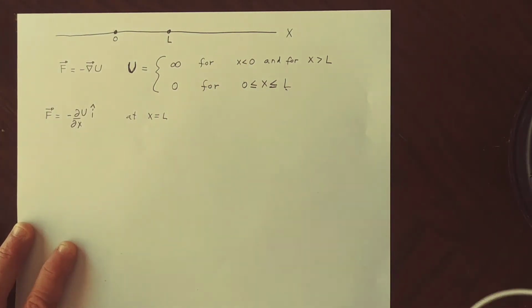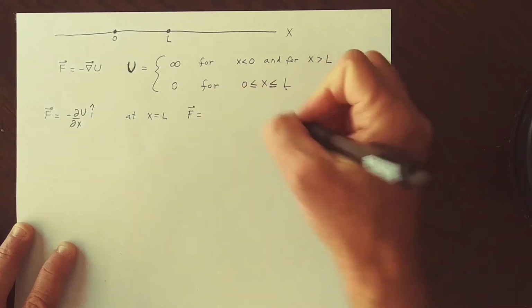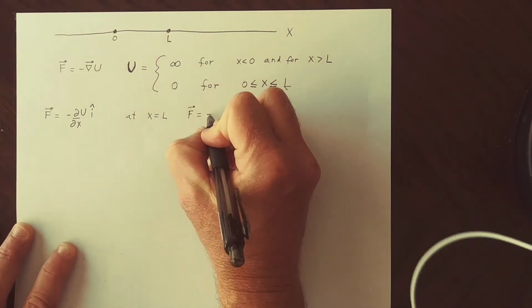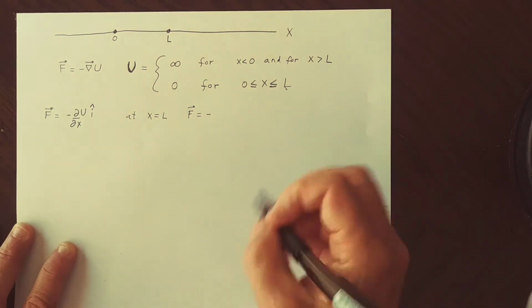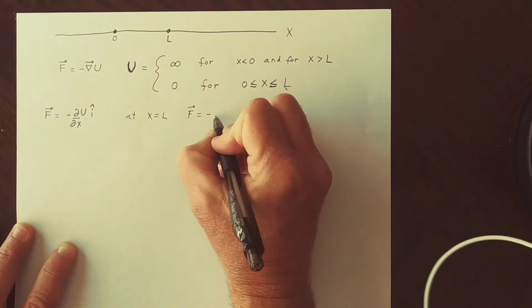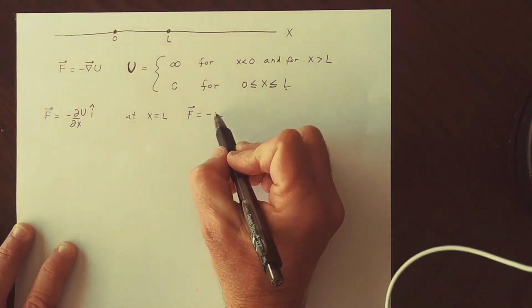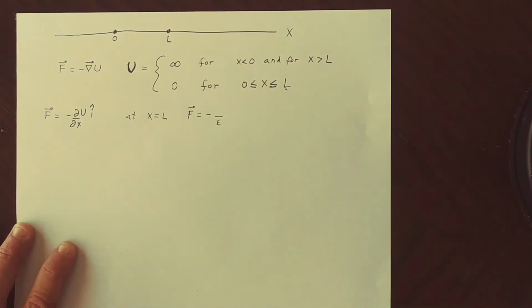Well, at x equals L, we are dealing with minus, right, we're approaching, we're thinking of this as a limit, and so it's a tiny, infinitesimal distance x, and so we have an infinitesimal quantity here, but it's highly discontinuous.